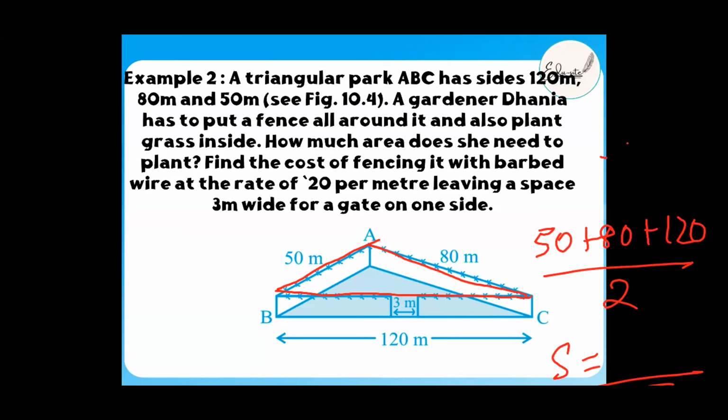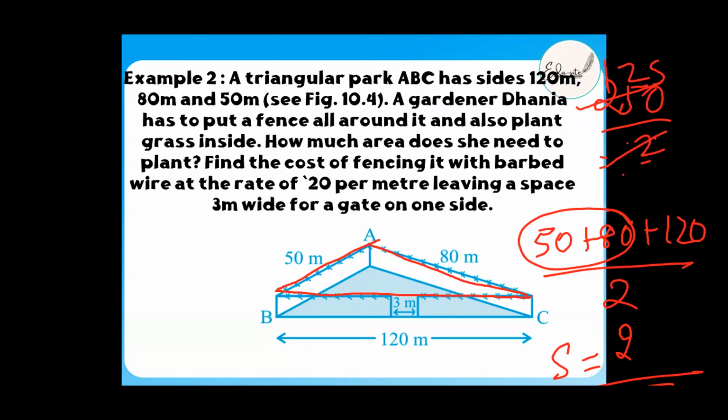It's 130, right? 130 plus 120. Is it 250? Yes. What is 250 over 2? It is 125, right? So s will be 125 meters.